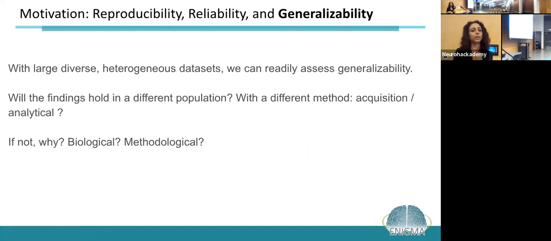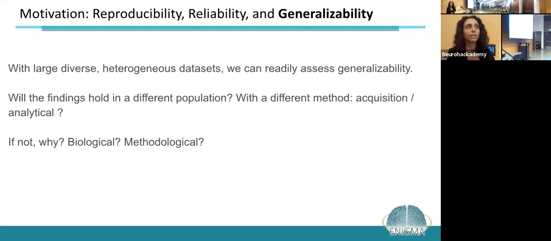So a motivation outside of reproducibility and reliability is also generalizability. And we talked about this quite a bit. So we can really assess generalizability in a consortium setting.